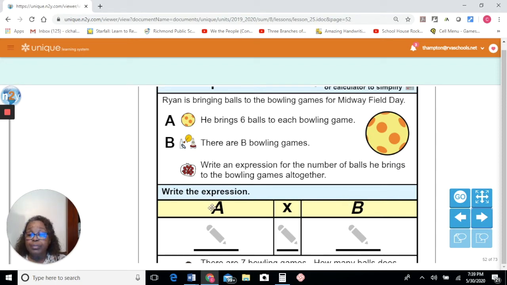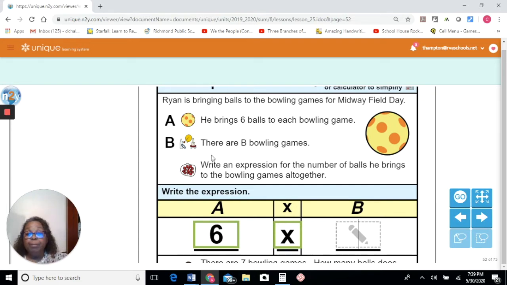Now, if we substitute the numbers for the alphabets, in A, what is the number? 6. Very nice. Now, we know we have to bring in our multiplication sign. So let's put that in. And then in this expression so far, we don't know what B is, do we?